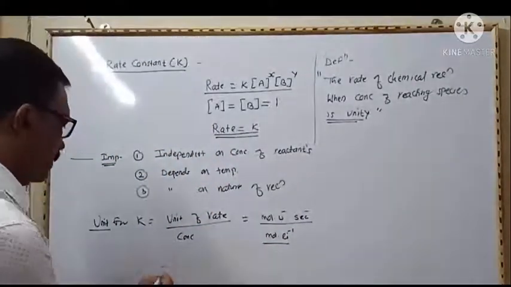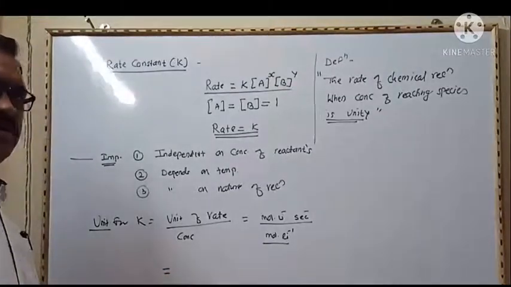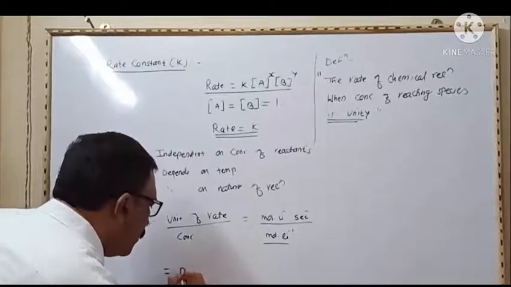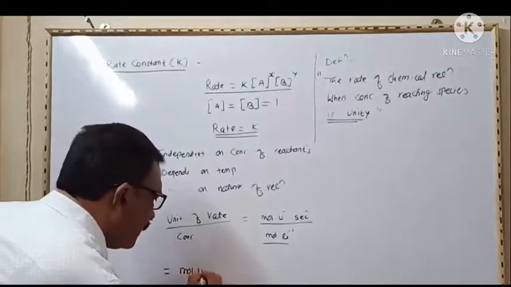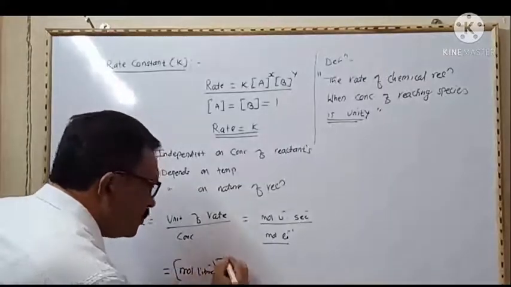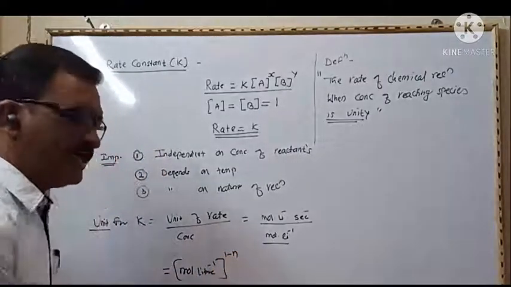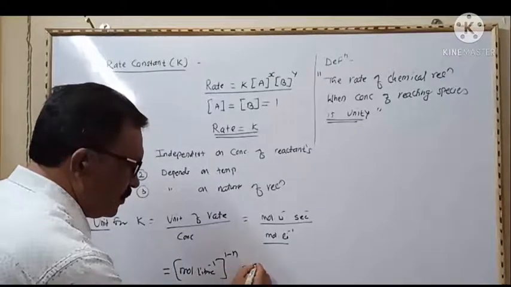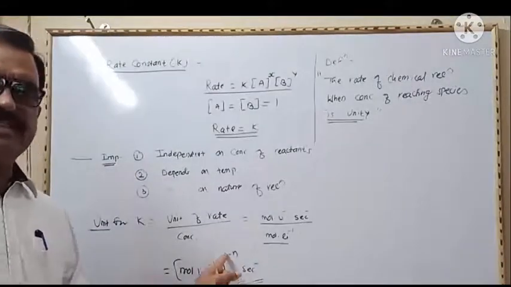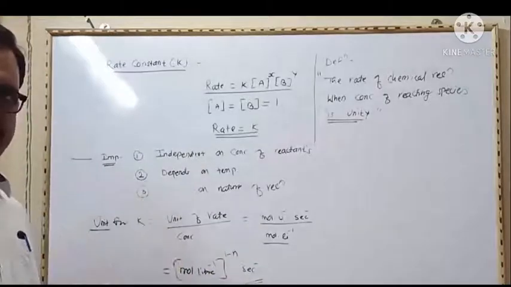In short, the unit of the rate constant is equal to mole per liter raised to 1 minus n, into per second, where n is the order of reaction.